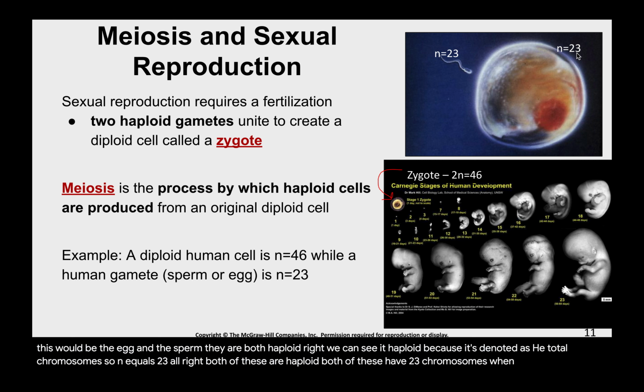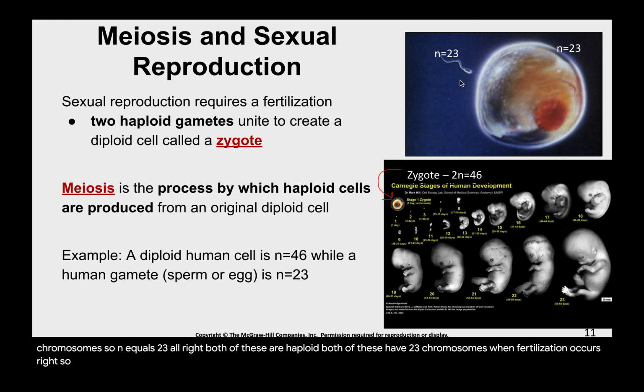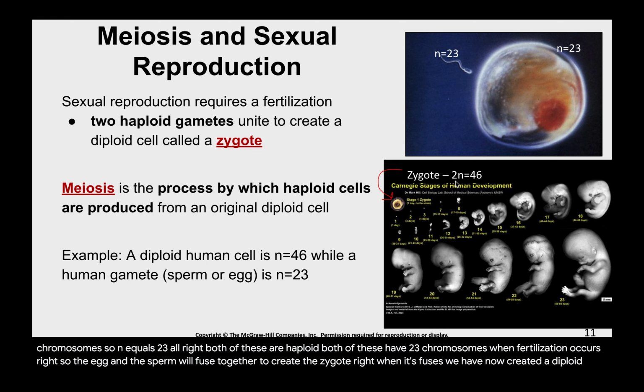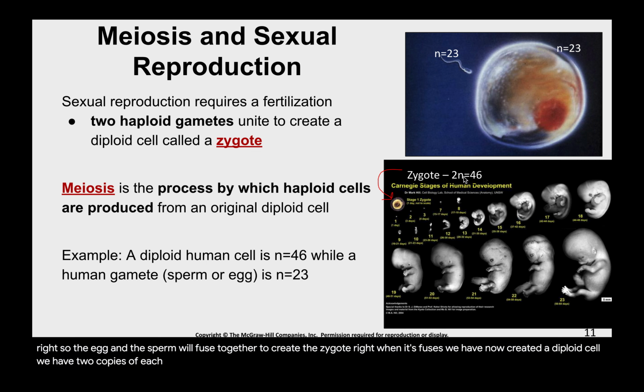When fertilization occurs, the egg and the sperm will fuse together to create the zygote. When it fuses, we have now created a diploid cell. We have two copies of each type of genetic information. So we could now denote the cell as 2N, and now we have 46 chromosomes.